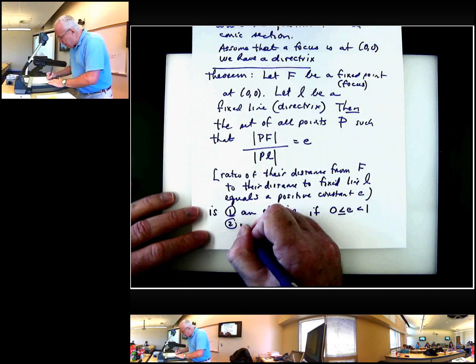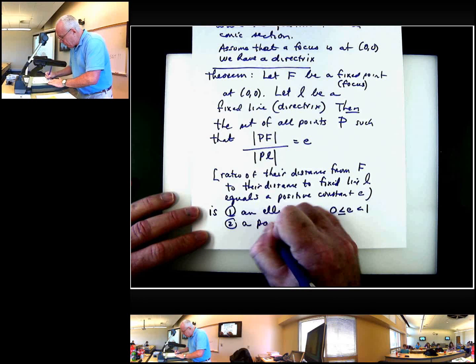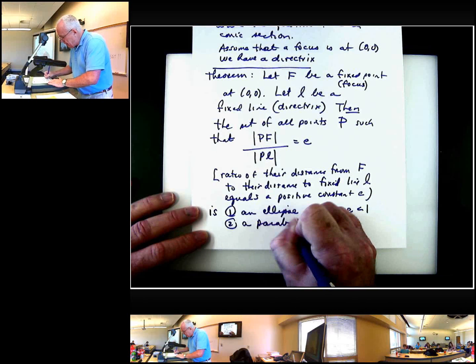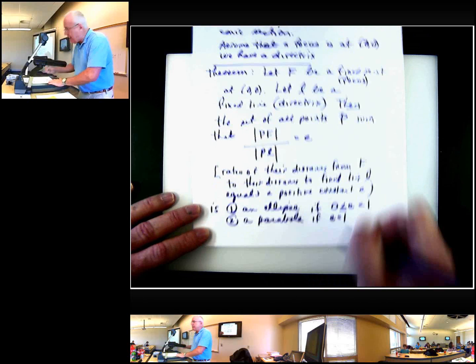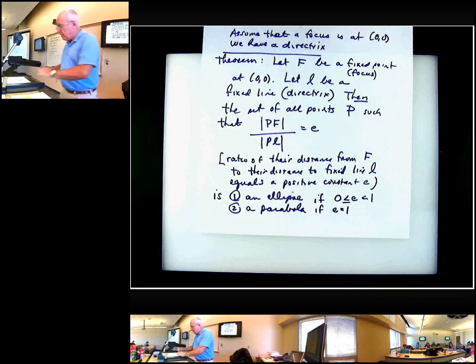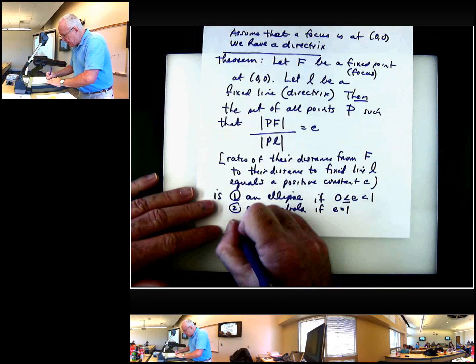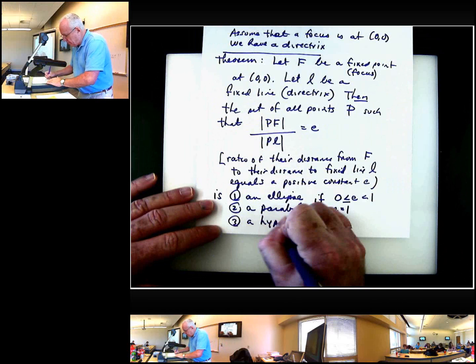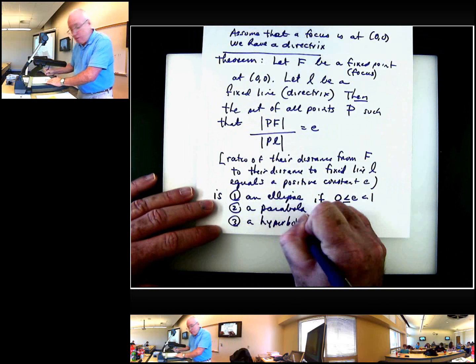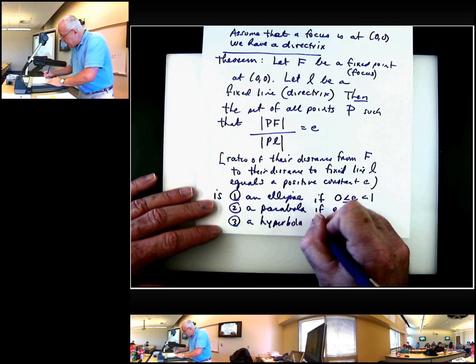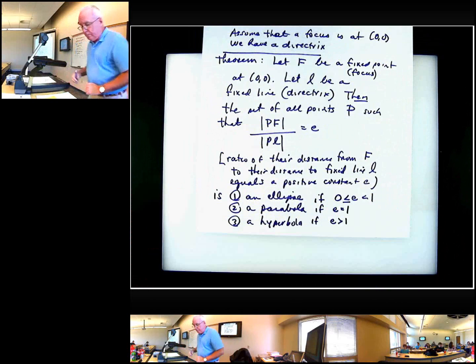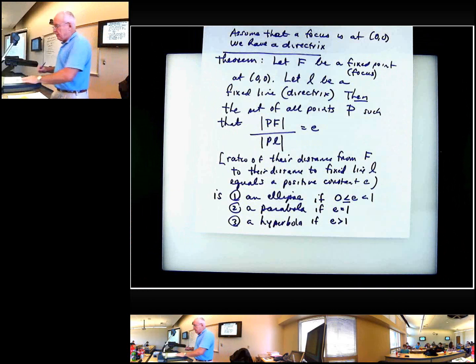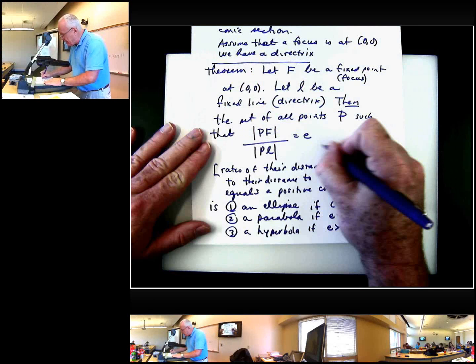Number two, those points are a parabola if that e is exactly equal to 1. And number three, it's a hyperbola if that e is strictly bigger than 1. This e is called the eccentricity.